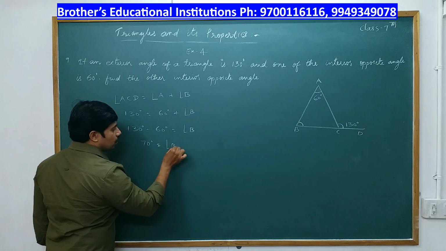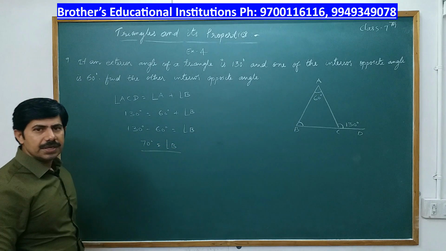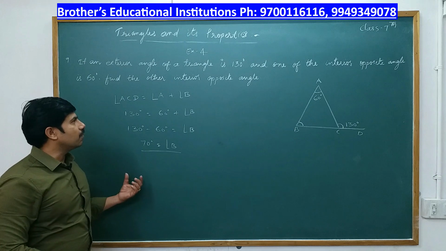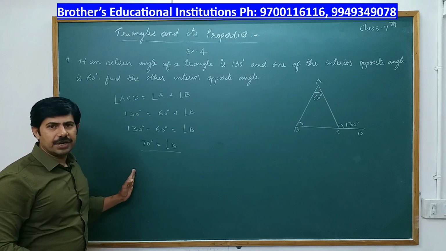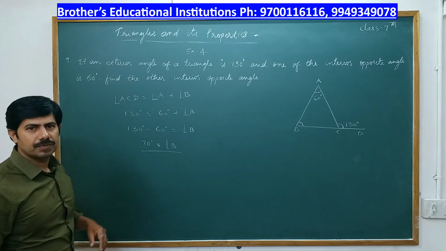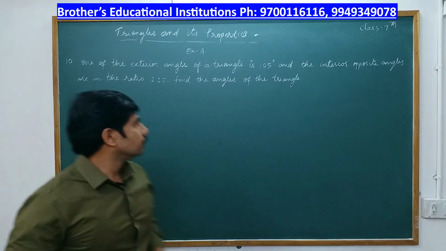So what is angle B? We got angle B is equal to 70 degrees. Therefore the other opposite angle is 70 degrees. It is completed. Next problem.